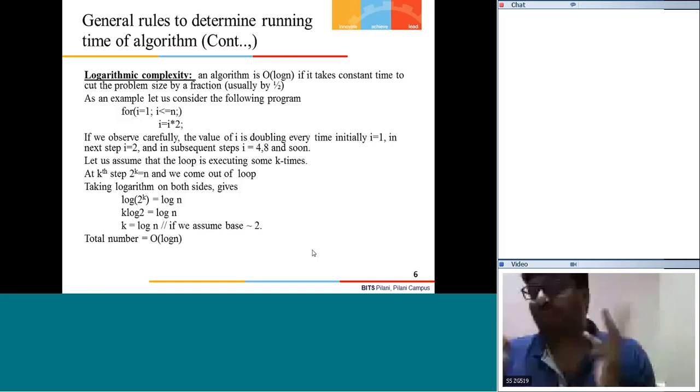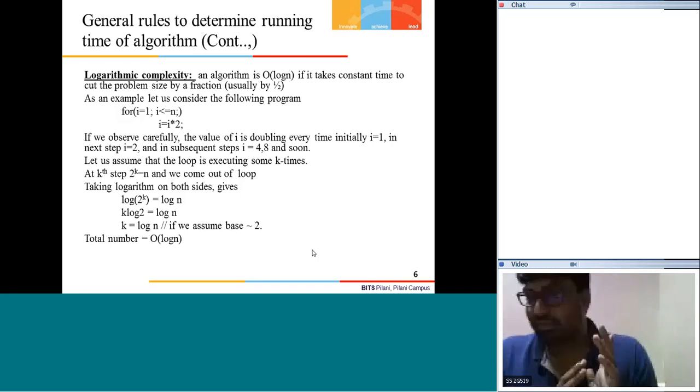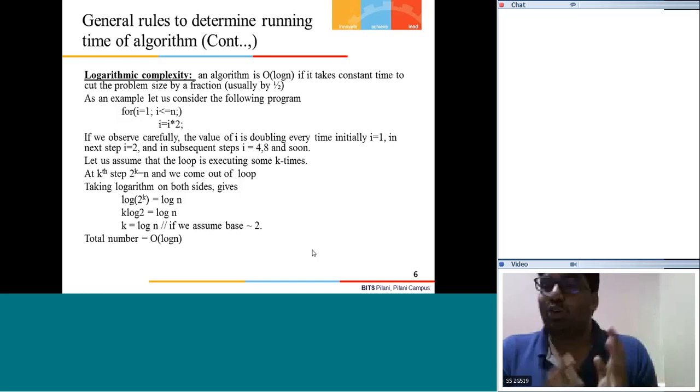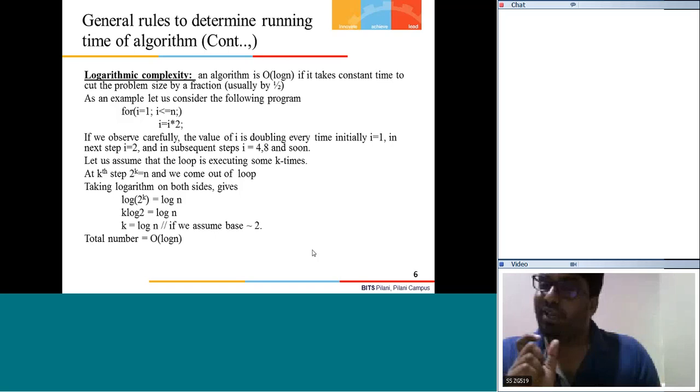One of the elements of n you will have at k, yes or no? Let's say your loop has run for some steps, let's say step number k. Now your n should also be associated with some number. What will that number be?